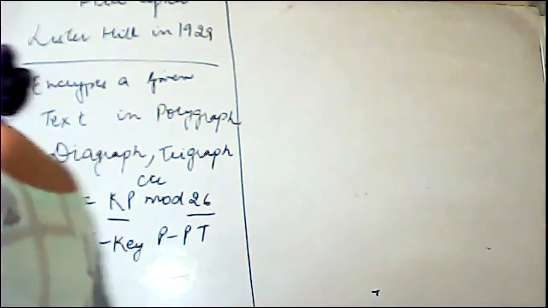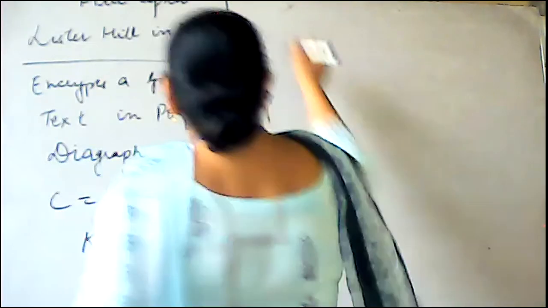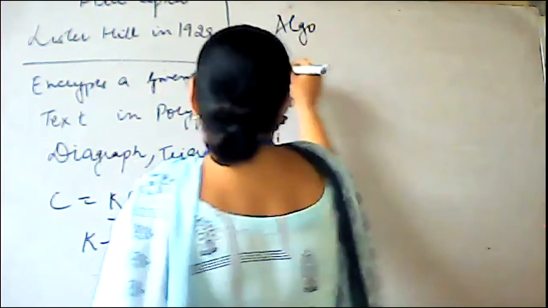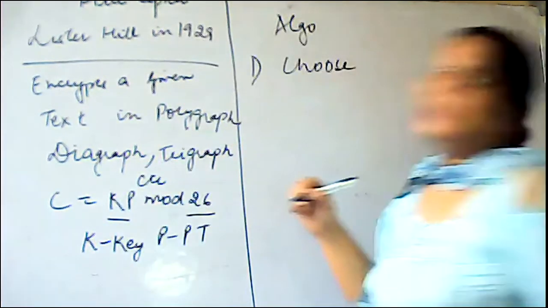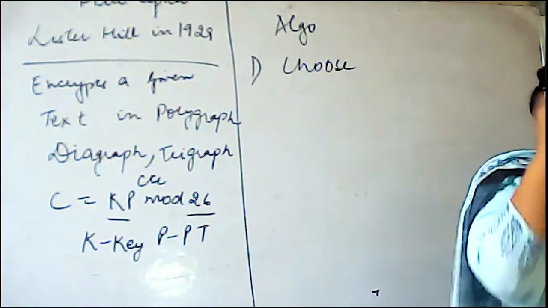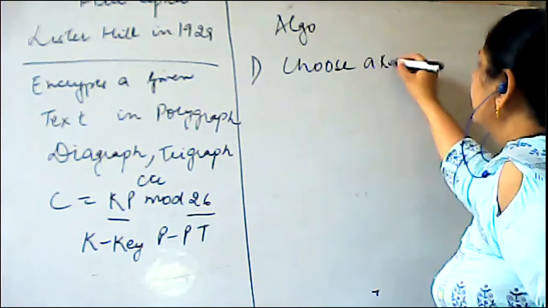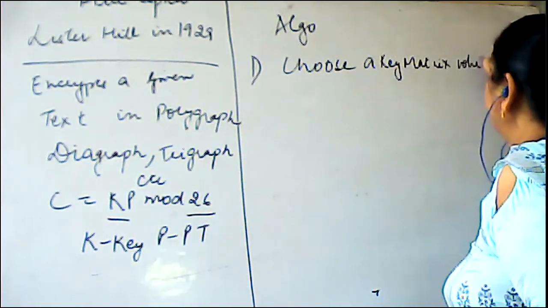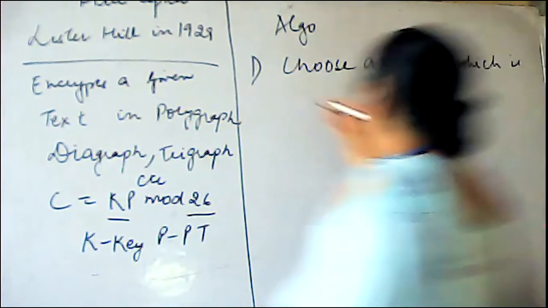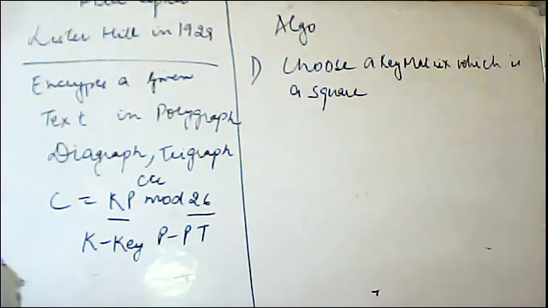Now, what is the algorithm? The first step is to choose a matrix, I mean a key matrix. Choose a key matrix which is a square.